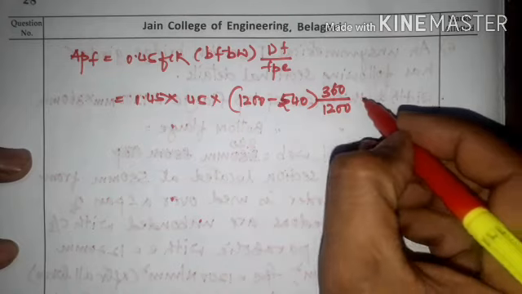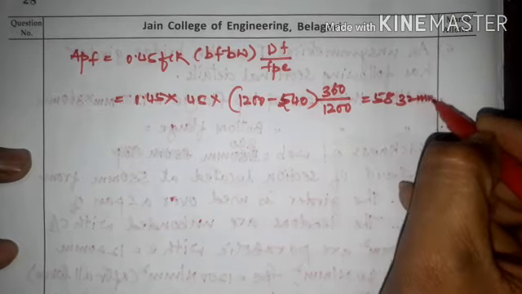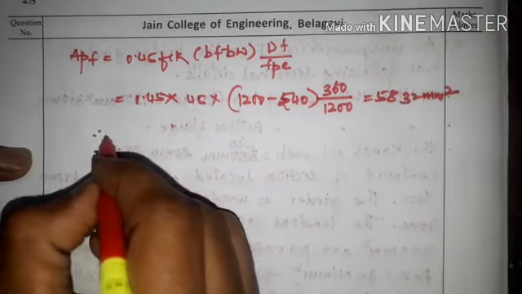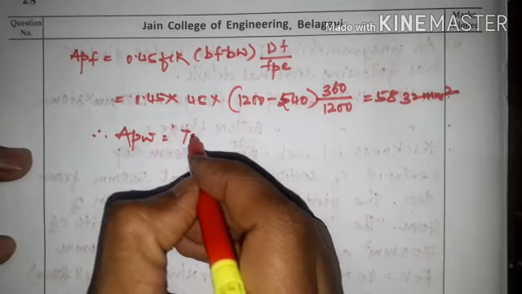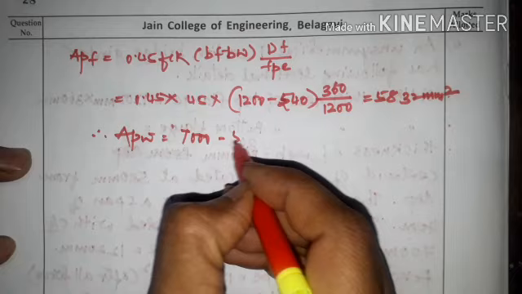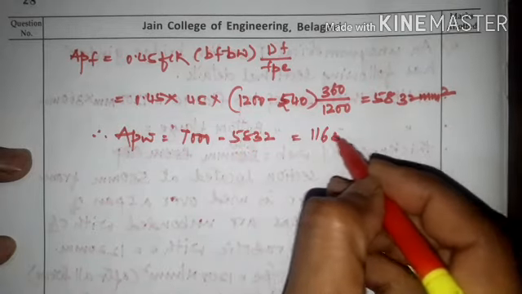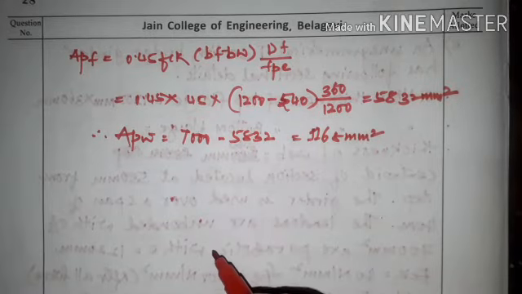So we will get 5832 mm square. Therefore APW is equal to 7000 minus 5832, that is 1168 mm square.